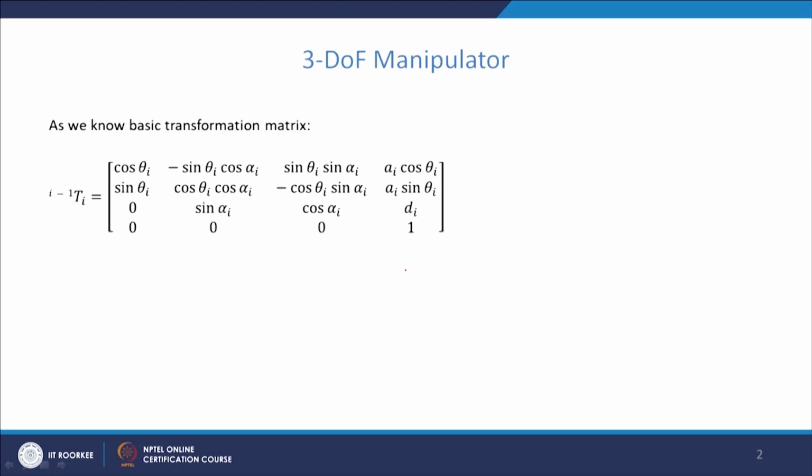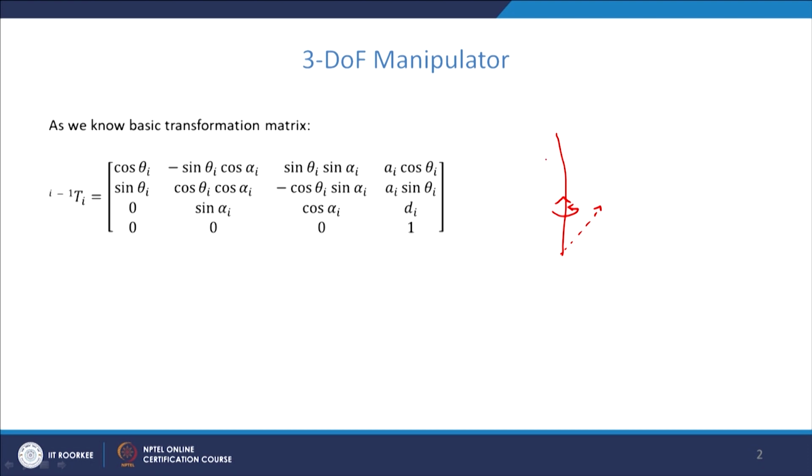So, as a first example, we see a 3 link manipulator as shown in the following picture. So, the manipulator is having the axis of rotation as the vertical axis and one horizontal axis which is perpendicular to the plane of the paper.